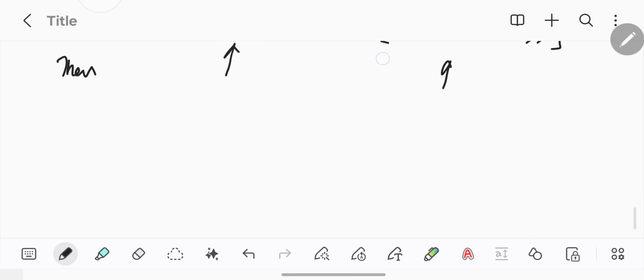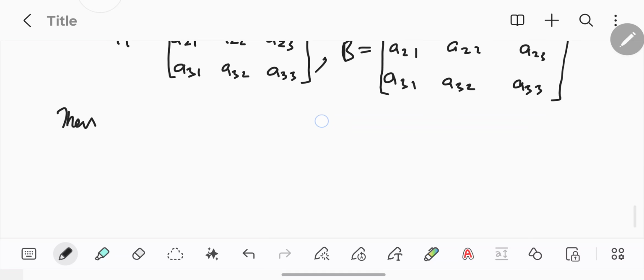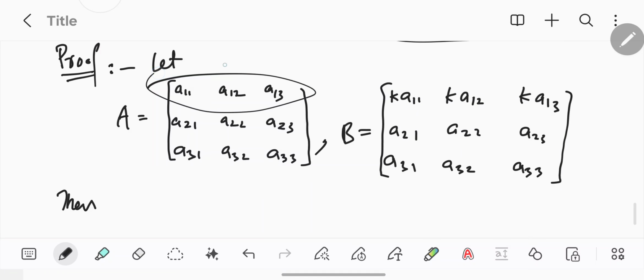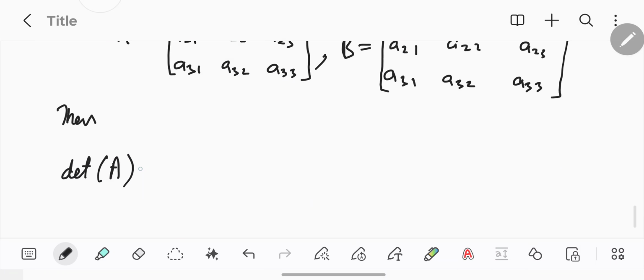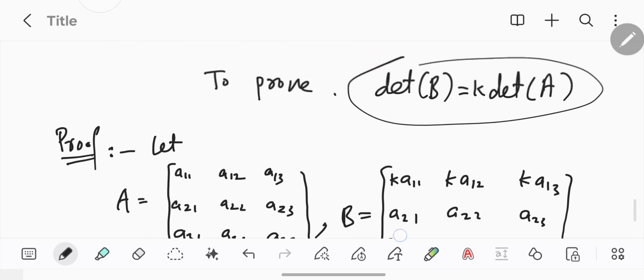Okay, so we can find the determinant of this and the determinant of this. Let's find the determinant of A by the first row. We have found the determinant of A many times. I will just copy from above because this is the same matrix as we have discussed previously.